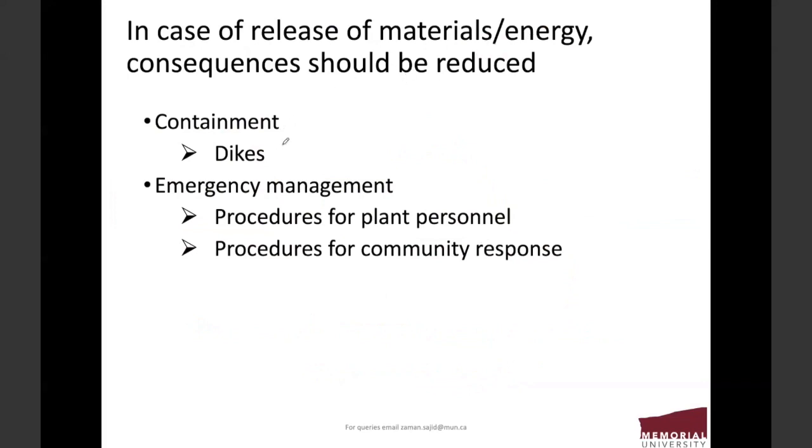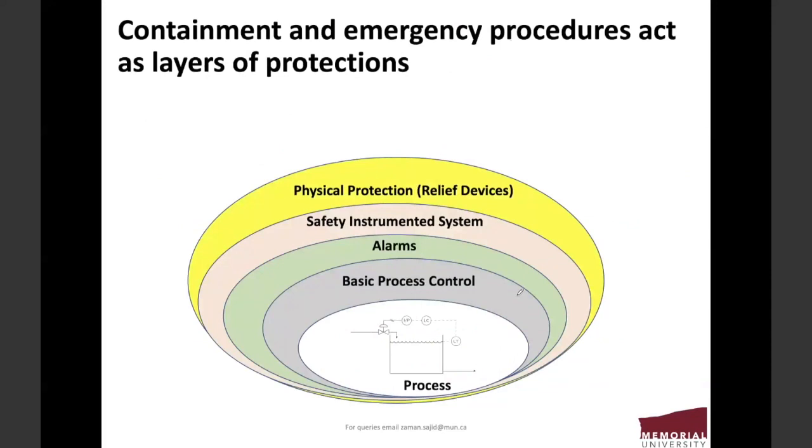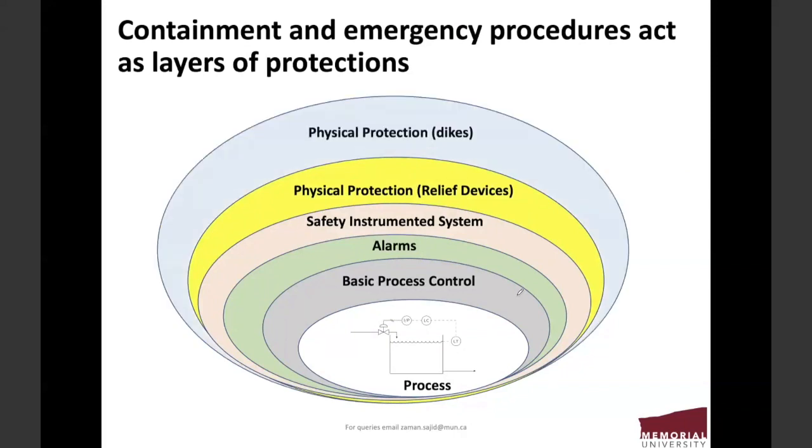Either we can use some dikes which contain the material, or we can go with emergency management. It could be the plant procedure, or it could be a community response. So this was our layers of protection system so far. My next is the physical protection, the dikes.